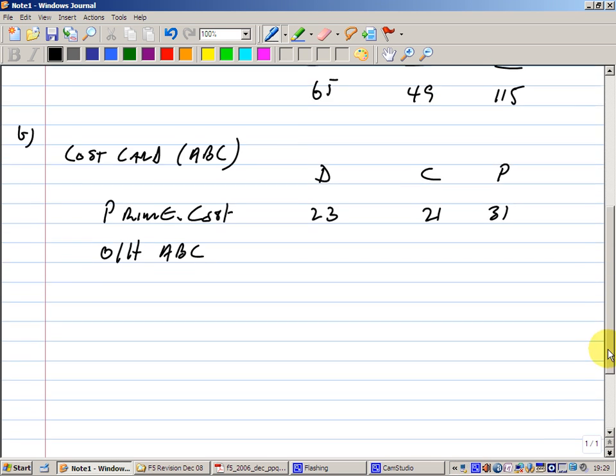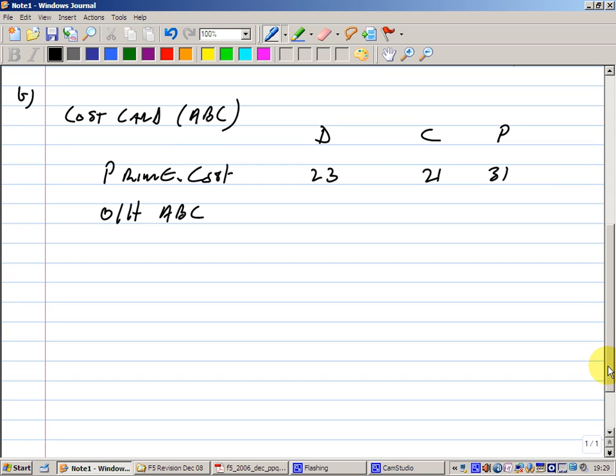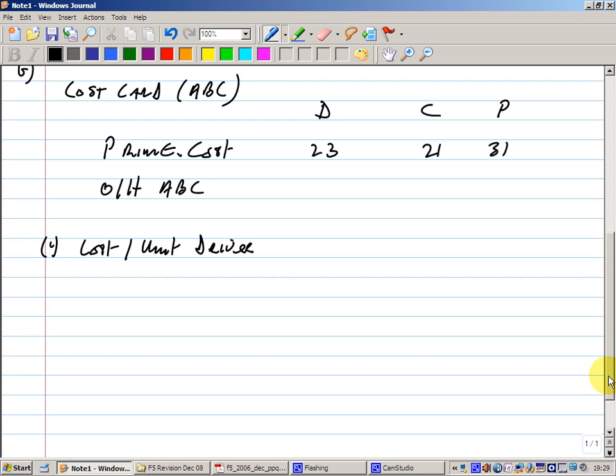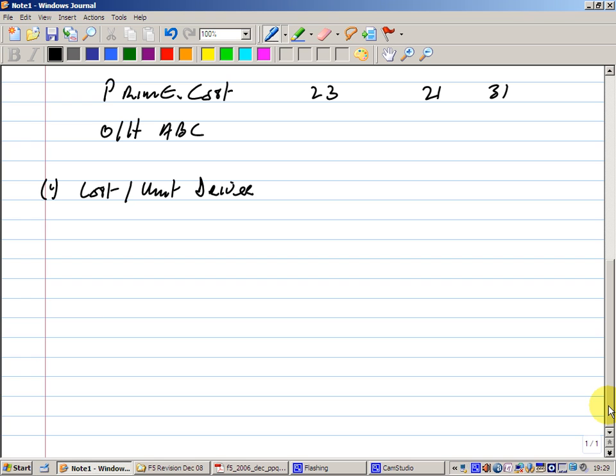The overheads, however, on the basis of ABC will need to be calculated in a different manner. The first stage in relation to that is to have a look at calculating the cost per unit driver. To do that, we need to have a look at the information that's provided in the question in relation to the overheads.